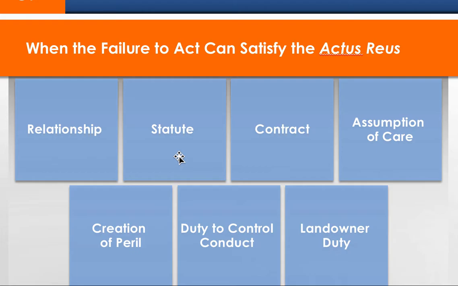If you have a dangerous dog and you're not confining it, and you fail to act when it attacks, you could be liable for failing to act. So that's where a failure to act can satisfy actus reus. But for the most part, the act itself is a commission as opposed to an omission.